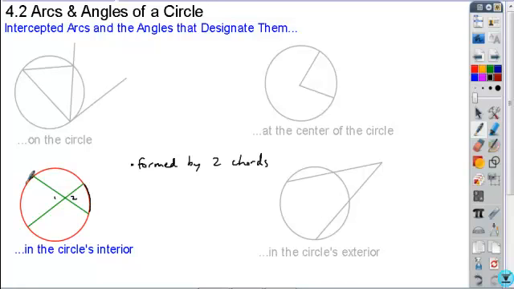If we looked at both the intercepted arcs, m and n here, if the vertex lies in the interior of a circle, the angle is going to equal the average of the intercepted arcs.